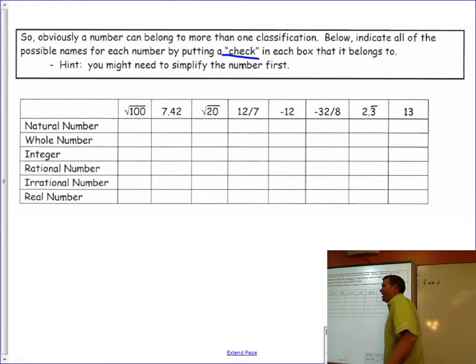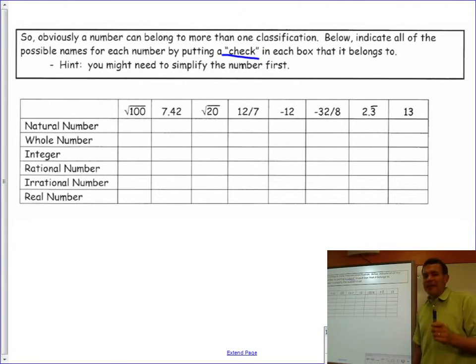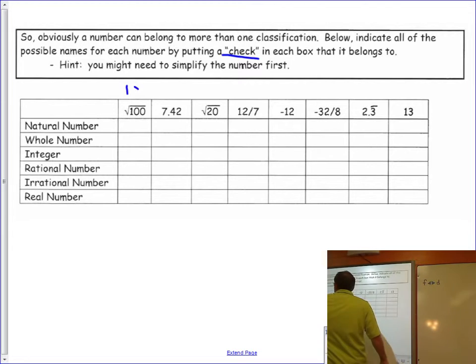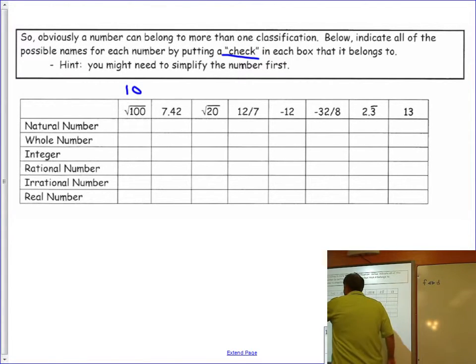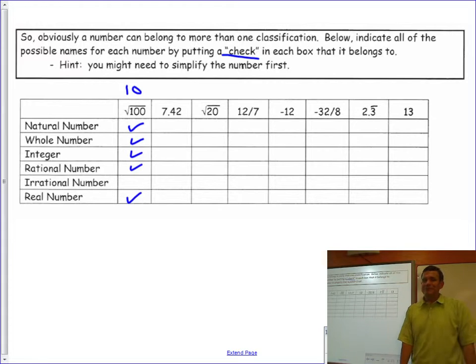The square root of 100, I recognize right away that can be simplified. The square root of 100 is 10. So 10 is a natural number, it's a whole number, it's an integer, it's rational, and of course it's a real number. And why don't I get it out of the way right now? All these numbers are real numbers.